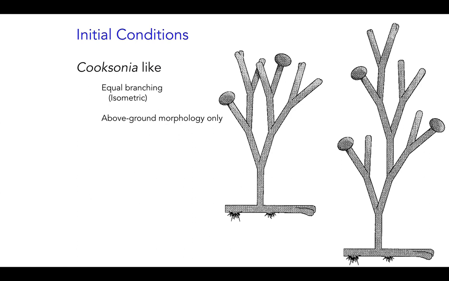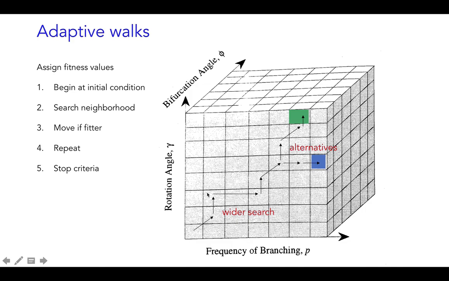So the initial conditions of this computer simulation was something that looked very Cooksonia-like, this very simple branching architecture. And remember, these plants were only a few centimeters tall. These were dinky, really diminutive plants. So let's start with how this computer algorithm works. This computer algorithm works by setting up a series of adaptive walks.